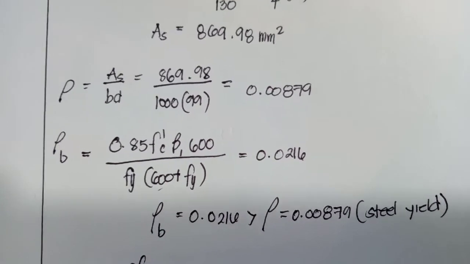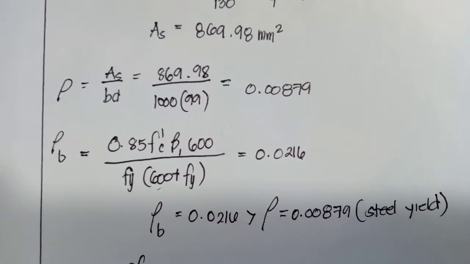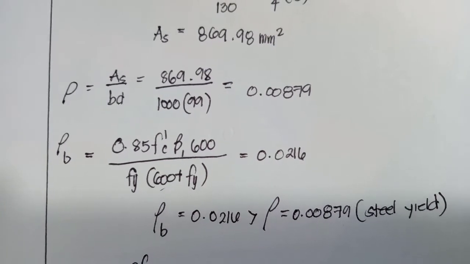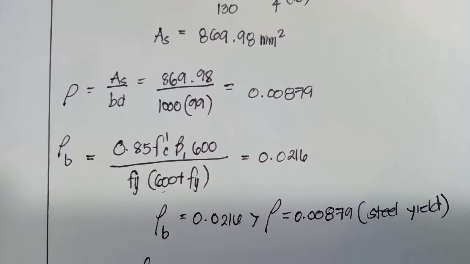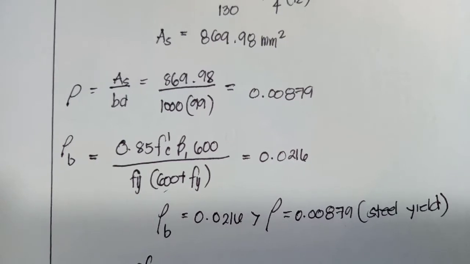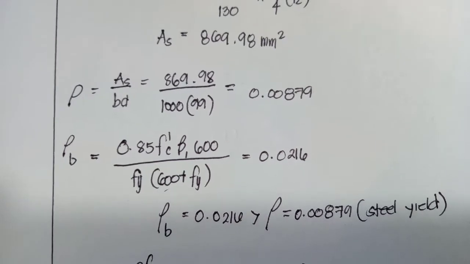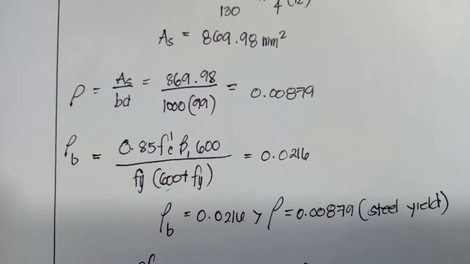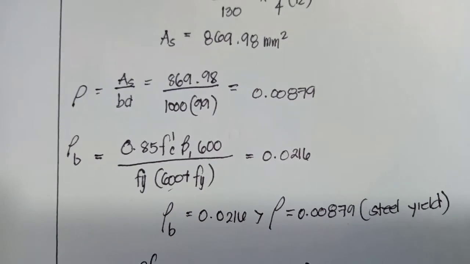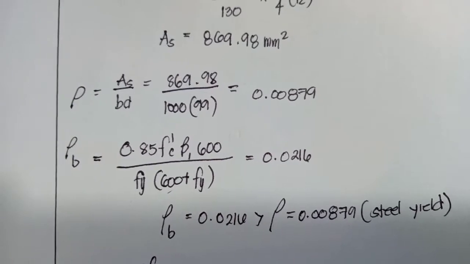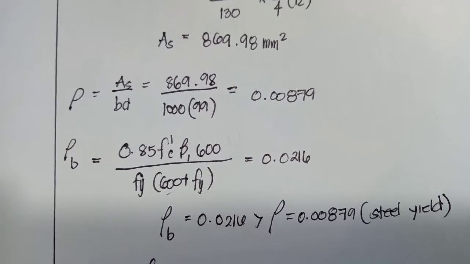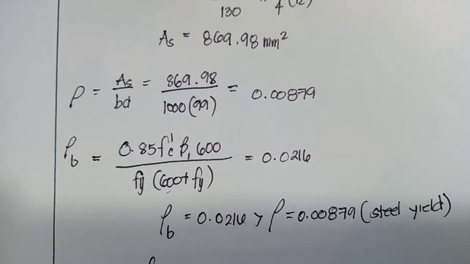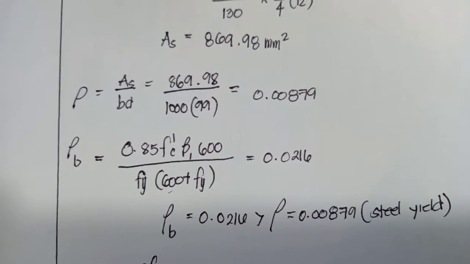0.00879. To know if the steel yields, we need to determine the value of the balanced steel ratio. We have here the formula ρ balanced equals 0.85 times Fc prime times beta 1 times 600 divided by Fy times the quantity of 600 plus Fy.